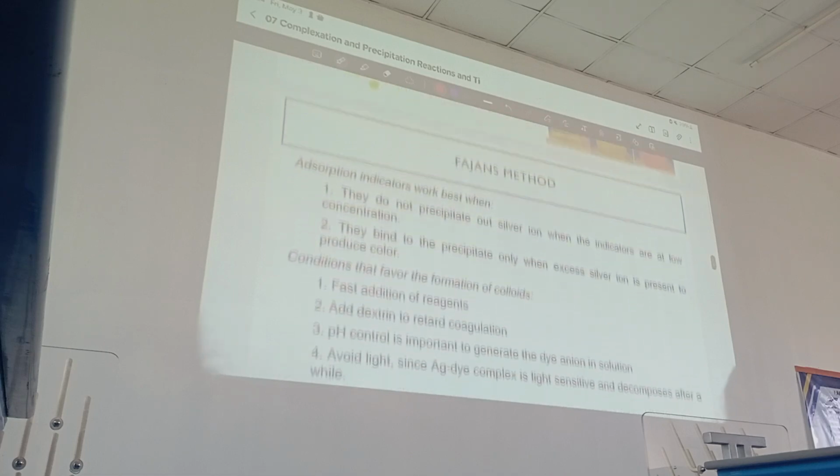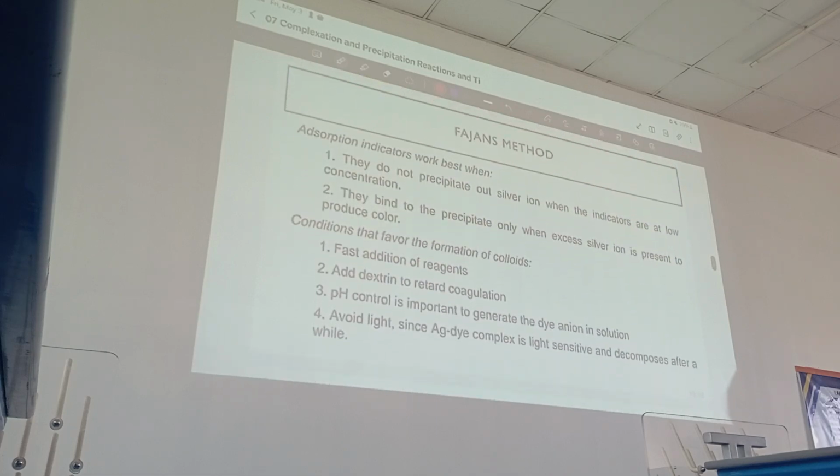Okay, here are some important reminders when doing the Bayes method. Adsorption indicators work best when they do not precipitate out the silver ion and they bind only the precipitate, present to produce color. So it should be exclusive, only when AgNO3 is added to the Cl.